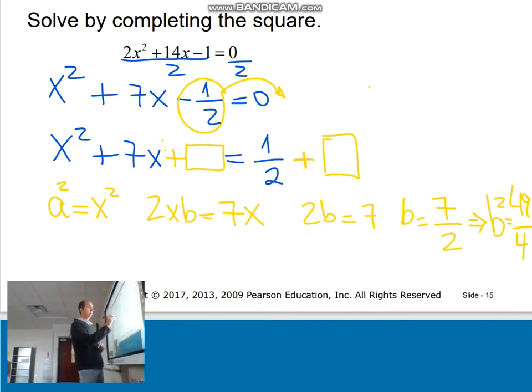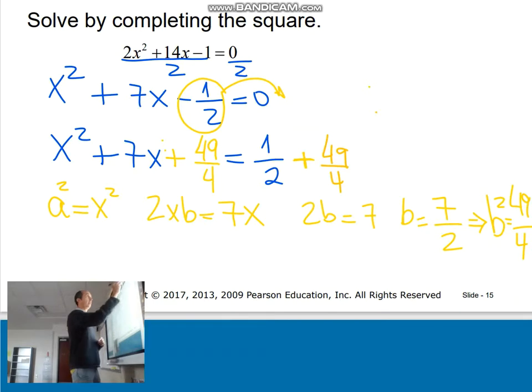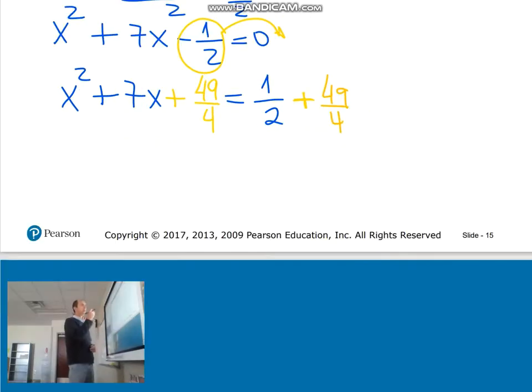Plug in here 49/4, which is b squared, and also here 49/4, and now we can solve. Now we can represent this as a plus b squared, right?